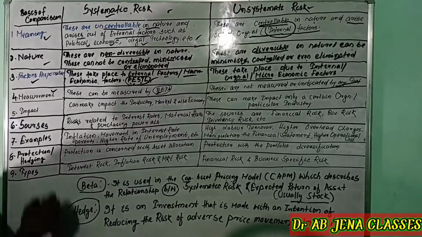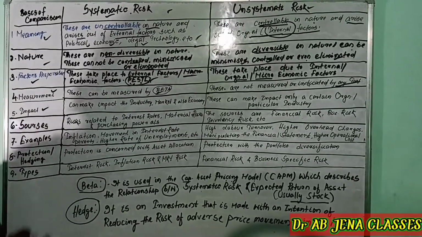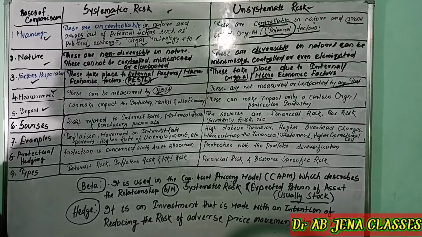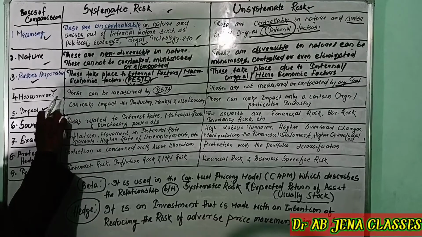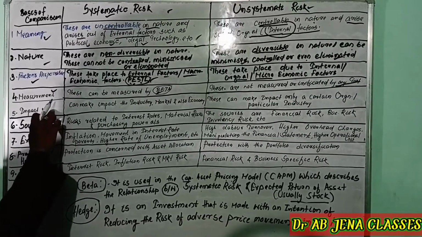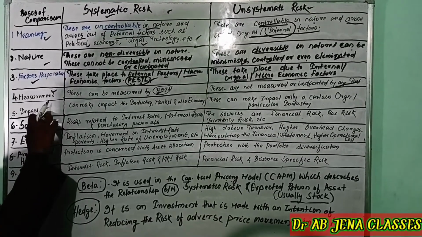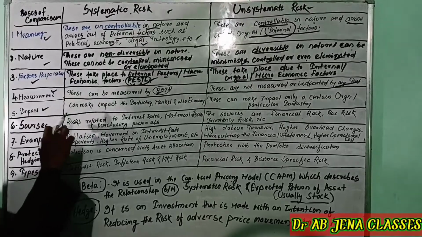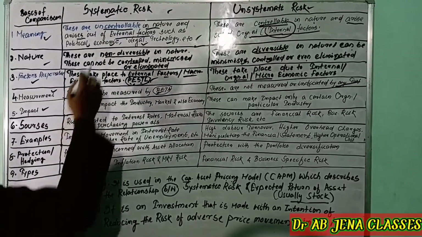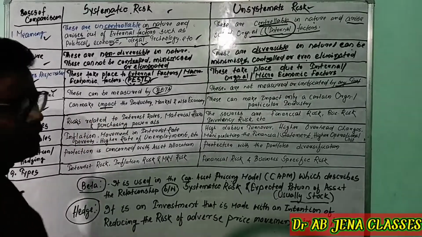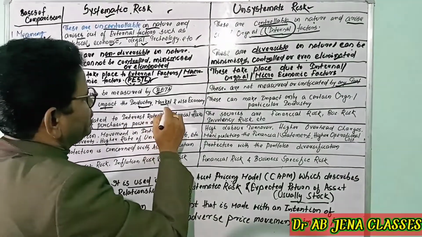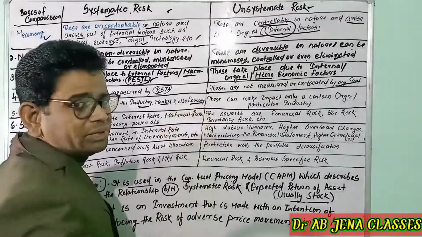And the next basis of comparison is the impact. What is the impact of systematic risks and what is the impact of unsystematic risks? First we'll discuss the impact of systematic risks. Systematic risks can make an impact on the industry, market, as well as the economy too.